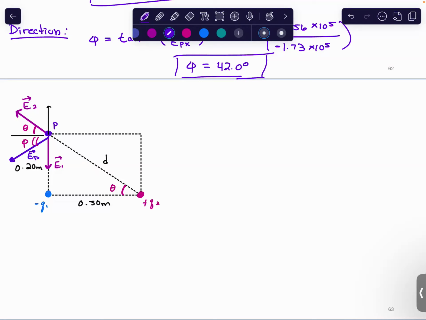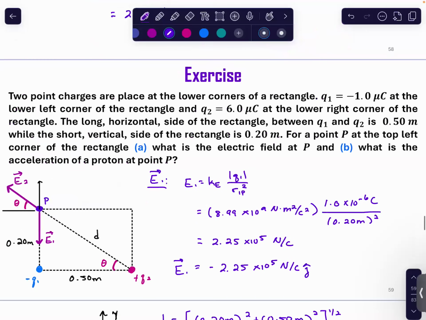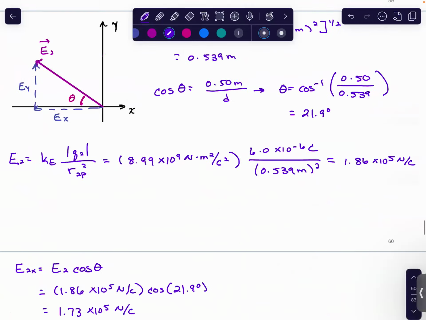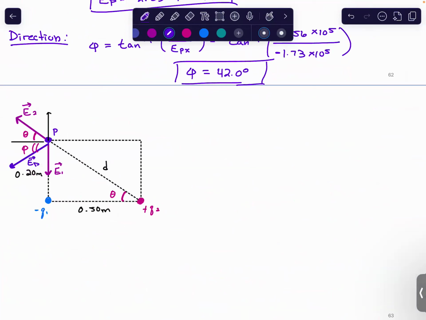All righty. So part B. Let's remind ourselves of what that says. What is the acceleration of a proton at point P? So here's a question. Do I have to do all this over again, place a proton at point P, use E as the elementary charge, and do this all over again for forces?